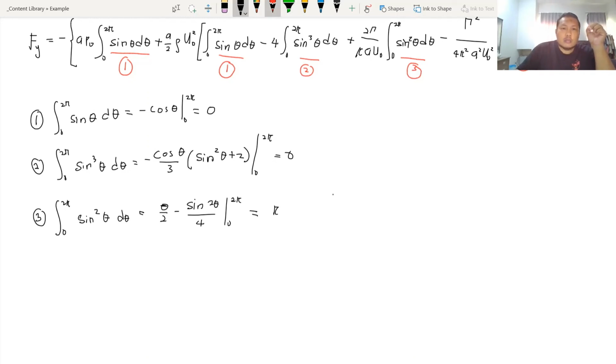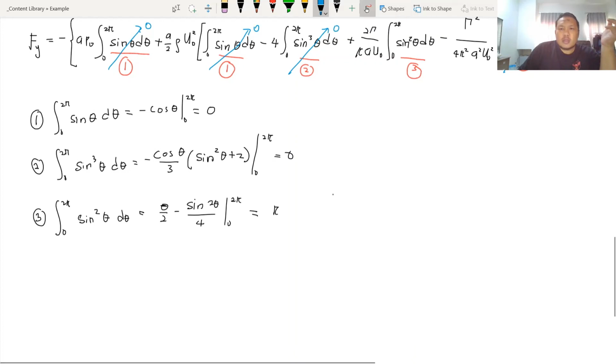All right, the previous one for the drag we didn't have any form. In this case, we know that this one is equal to 0, this one also equal to 0, and this also equal to 0. How about this? This also equal to 0. The rest, the final equation that we have is this one, right? You have a value here. So you need to substitute pi here. So we have the Fy here.